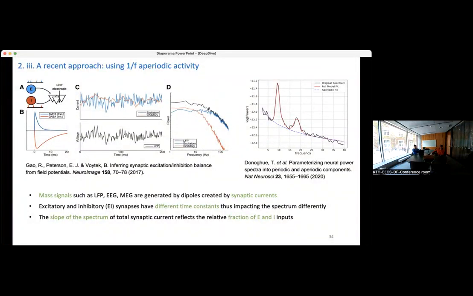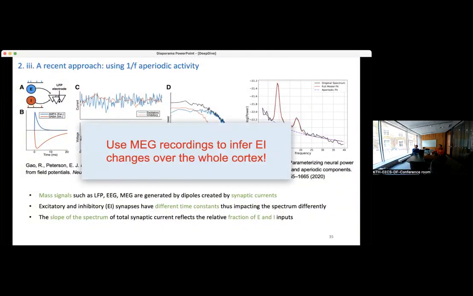This steepness can be quite well represented by this 1/f curve. So that's what we will use as analysis to try to infer the excitation and inhibition changes over the cortex.